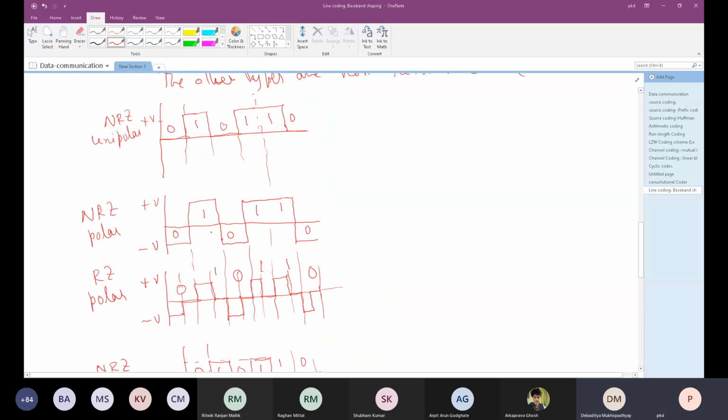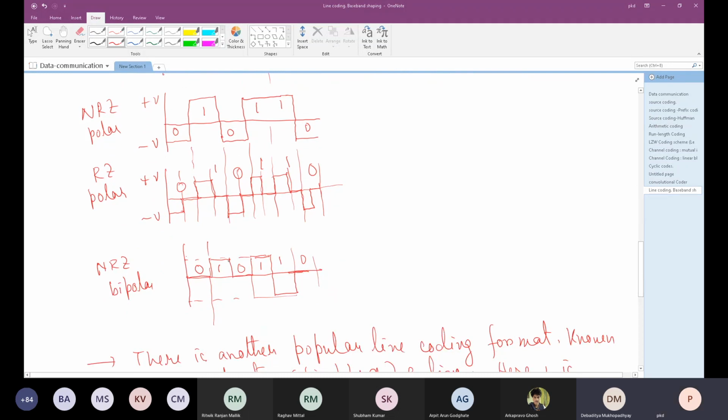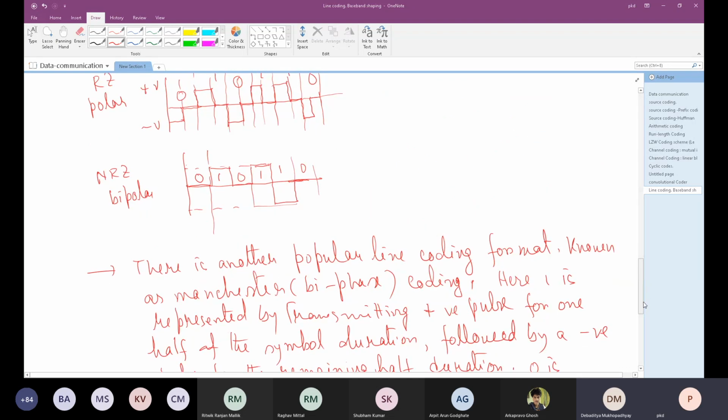Non-return to zero polar also avoids DC bandwidth, but unipolar, of course, has a DC bandwidth. Bipolar also, of course, has a DC component. It may be, yes, it will come.